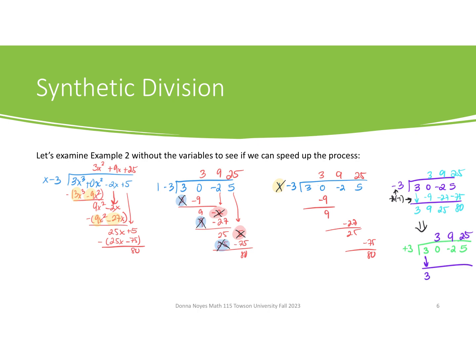But now we're going to have a positive 9, and 0 plus 9 is 9. Much easier than 0 minus a negative 9. And then we have a 27 that's positive now, and negative 2 plus 27 is 25. Much easier than negative 2 minus a negative 27. And then the last one would have been 5 minus a negative 75. And in this case, instead, we have a positive 75 to get us to our 80.